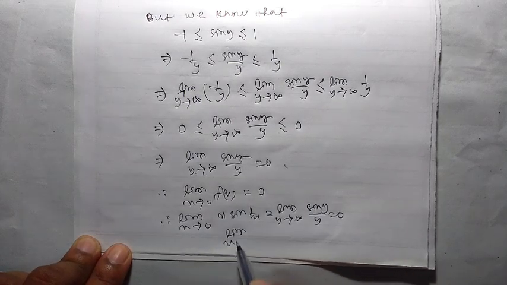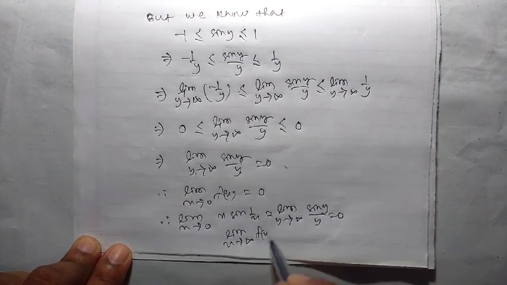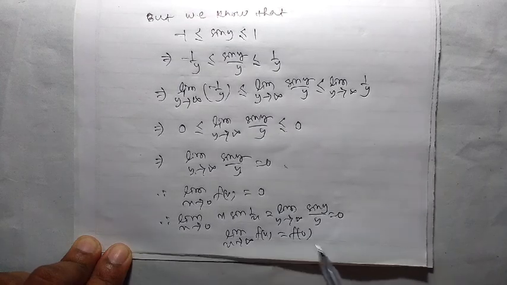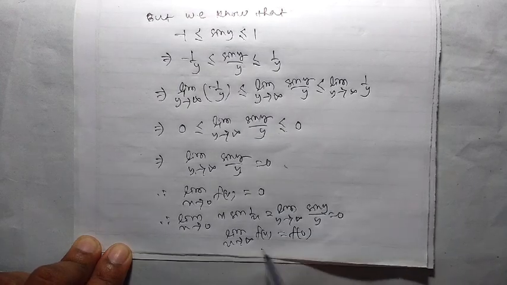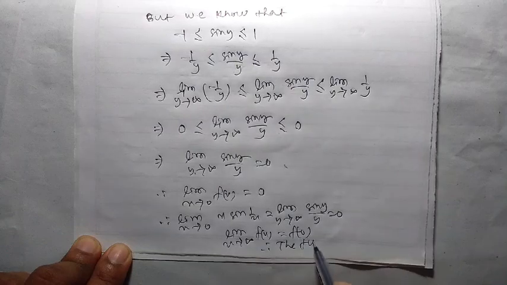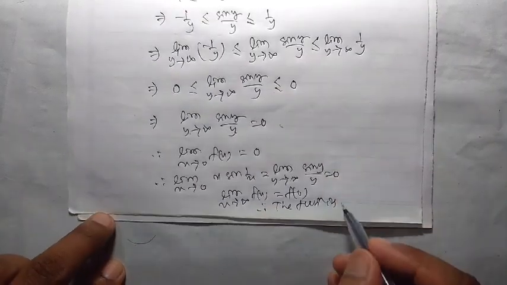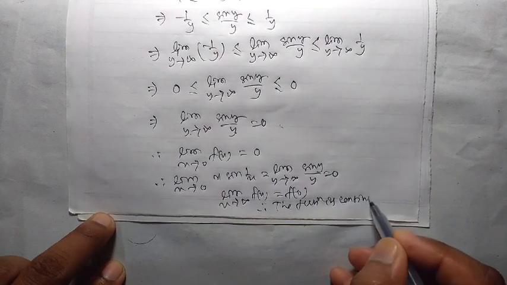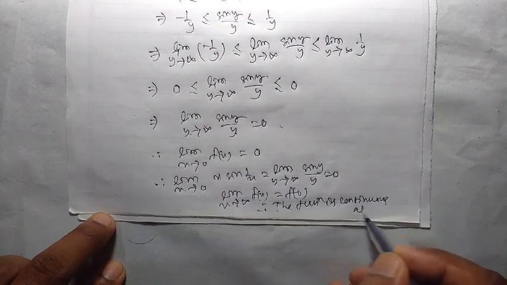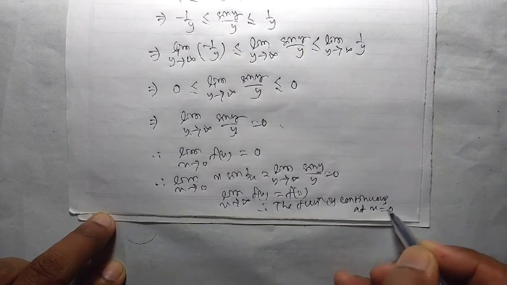Limit x tends to 0 f of x is equal to f of 0. Therefore the function is continuous at x is equal to 0.